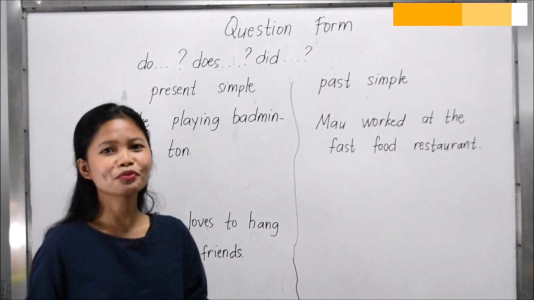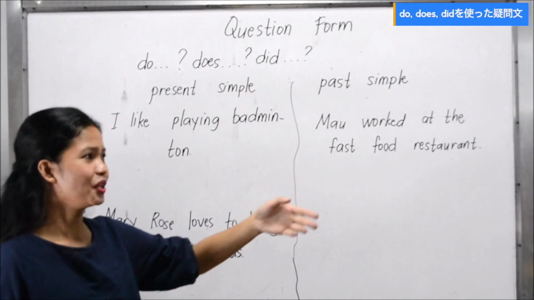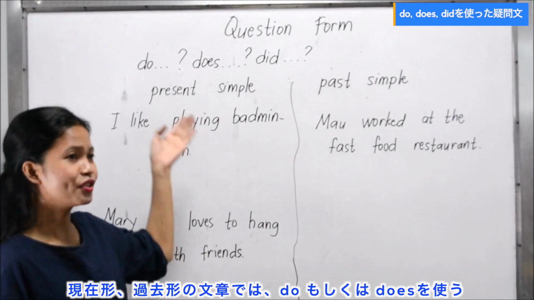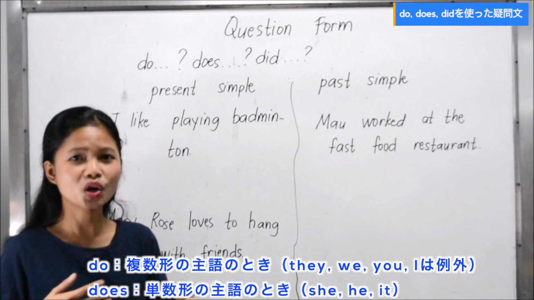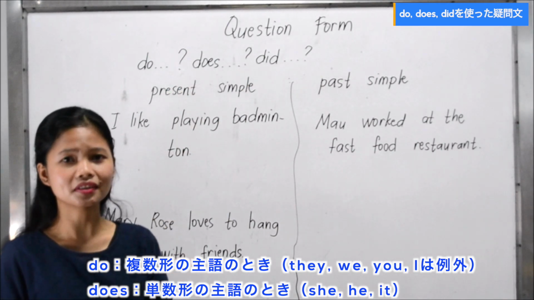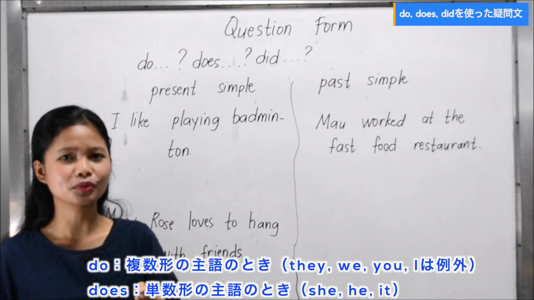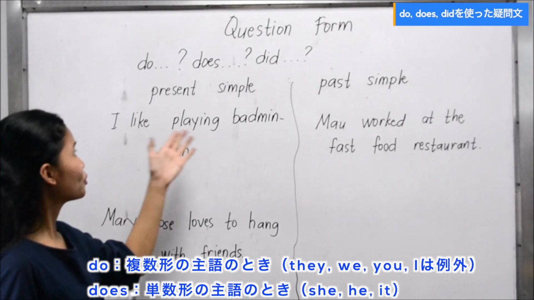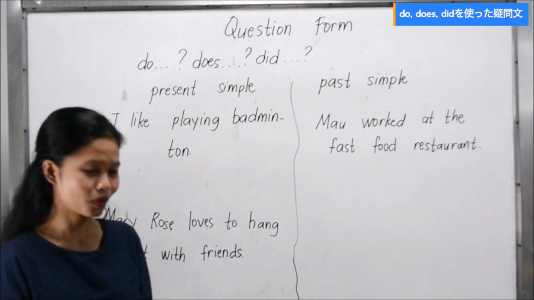Okay, now let's move on to do, does, and did questions. In present simple questions, we use do or does. Do is for the plural subject, for example, they, we, you. If it's singular, we have to use does, for example, she, he, it. Here is an example sentence that we have to change into a question.